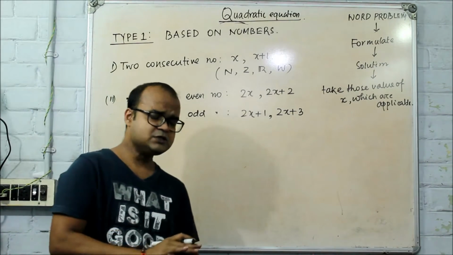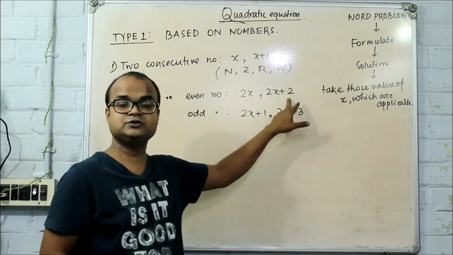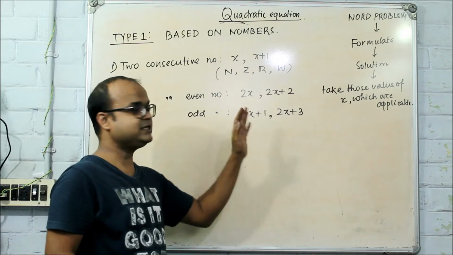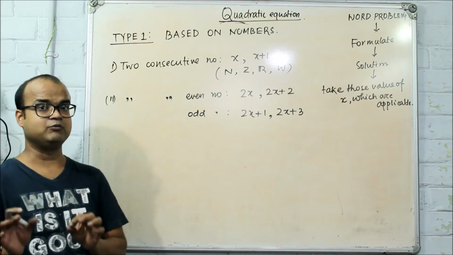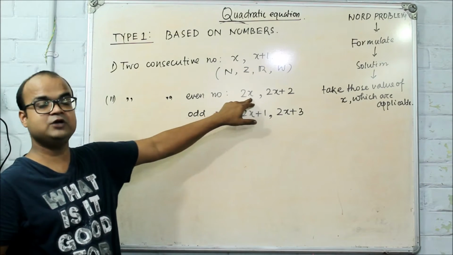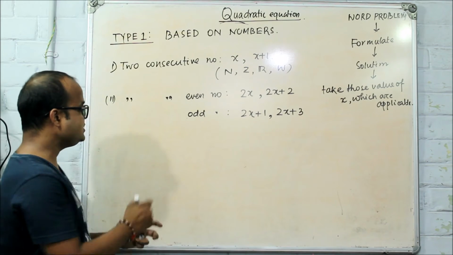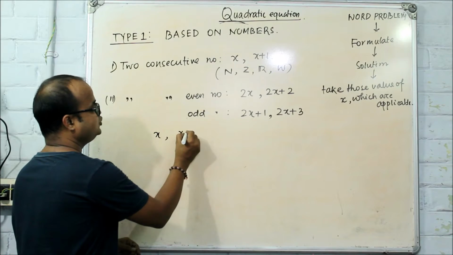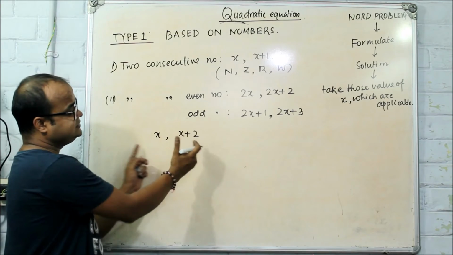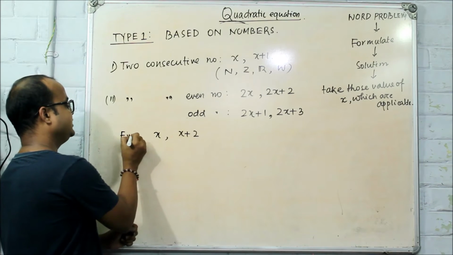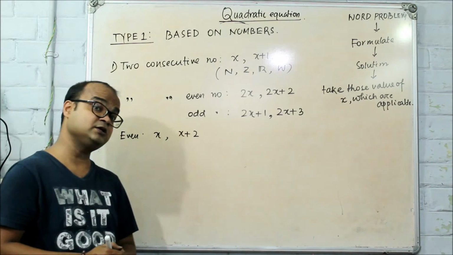Now sometimes you might wonder, can I consider the even numbers as x and x plus 2, or odd numbers as x and x plus 2? I personally believe that you need to avoid this. We don't know the value of x. If you consider x and x plus 2 as even numbers, what will happen if x takes the value 1?